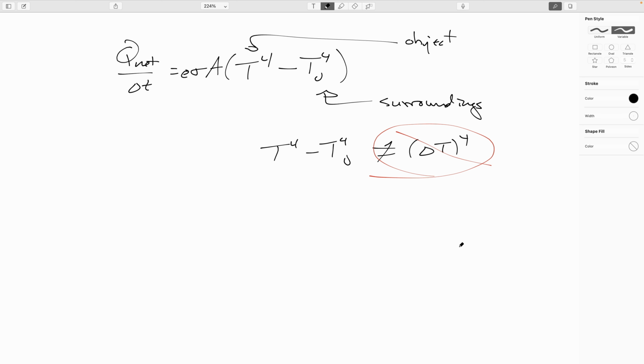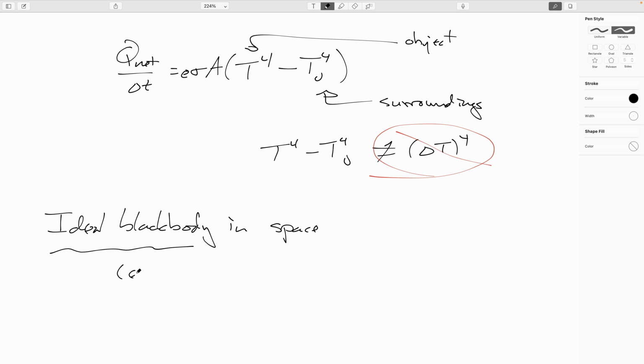So just to do an example here, let's say that we have an ideal black body in space. Now, the ideal black body is telling us that the emissivity is equal to 1.